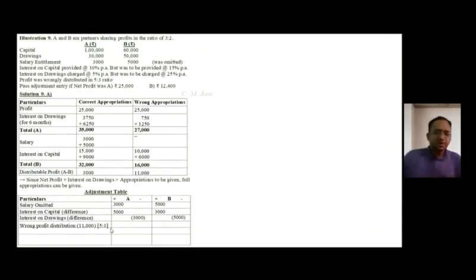Calculate the amounts: 5 by 8 of 11,000 and 3 by 8 of 11,000. It comes to 6,875, which is to be taken back from A, and 4,125, which needs to be taken back from B. So we'll write in brackets, right aligned.